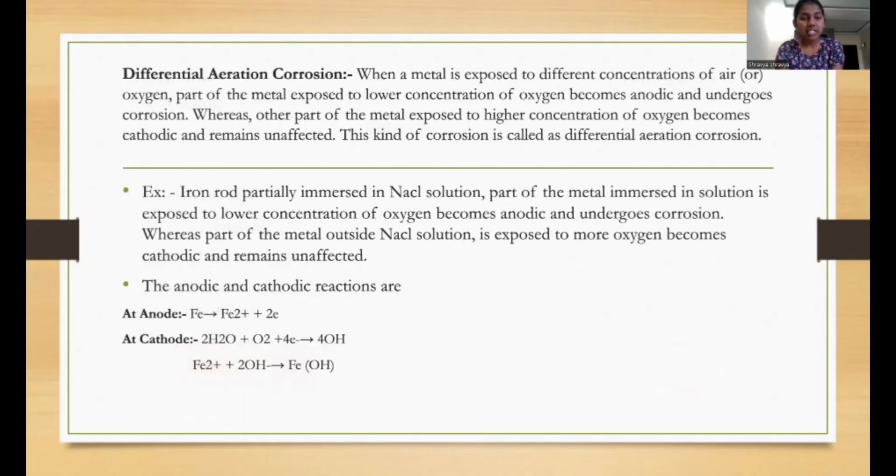Now, differential aeration corrosion. When a metal is exposed to different concentrations of air or oxygen, the part of the metal exposed to lower concentration of oxygen becomes anodic and undergoes corrosion, whereas the other part of the metal exposed to higher concentration of oxygen becomes cathodic and remains unaffected.